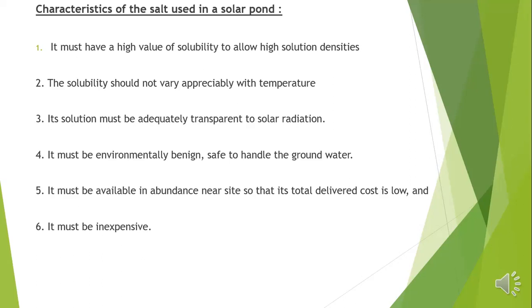High solubility means it dissolves into the water quickly, and nothing should remain after the dissolution of the salt. If there is a high value of solubility, it allows high solution densities.